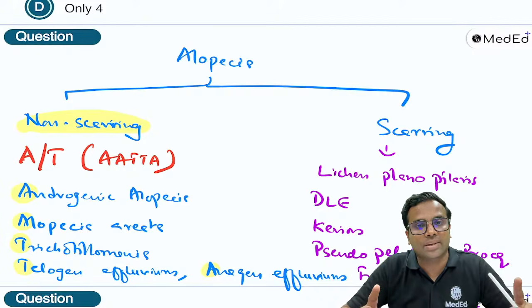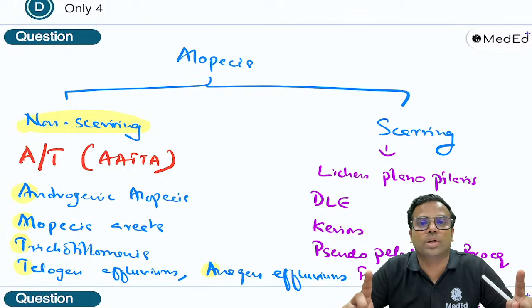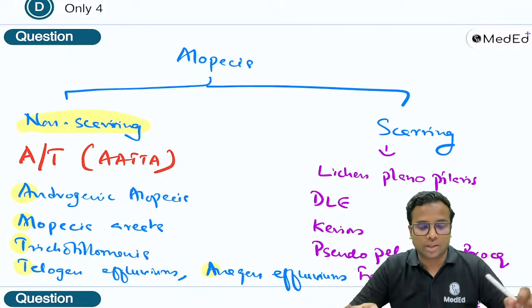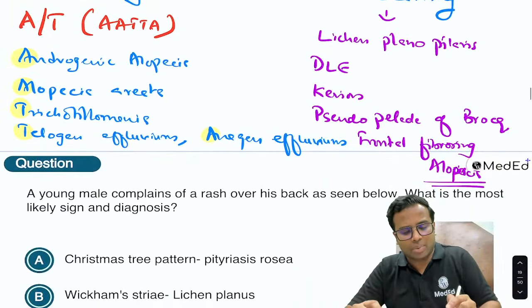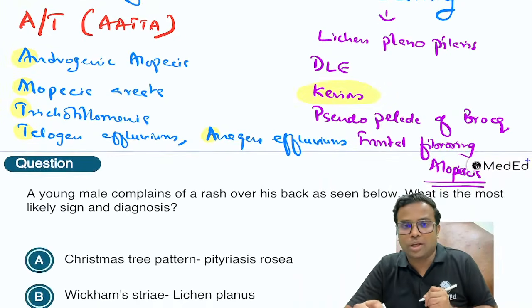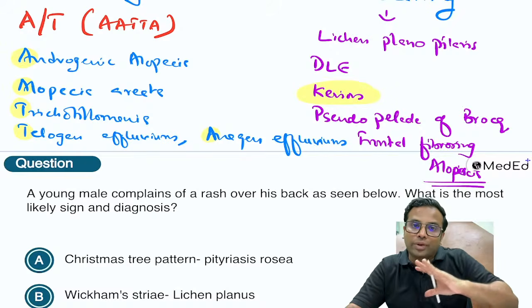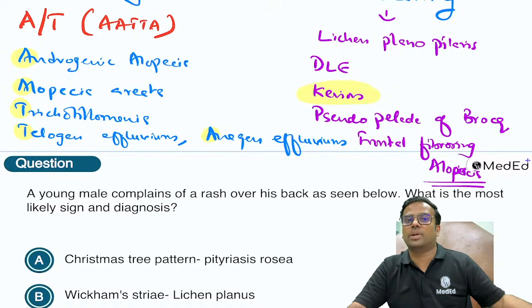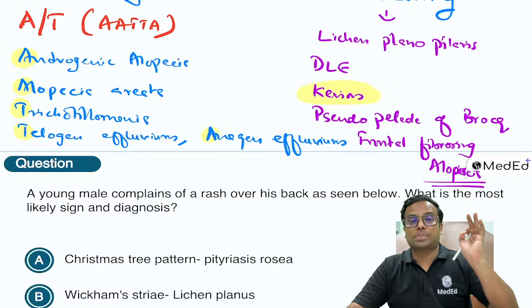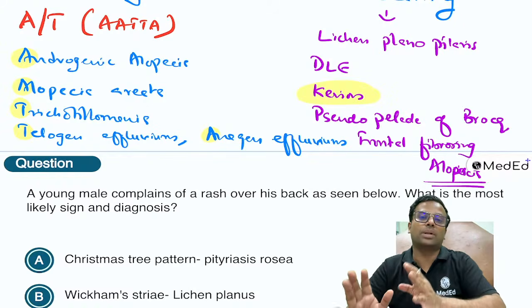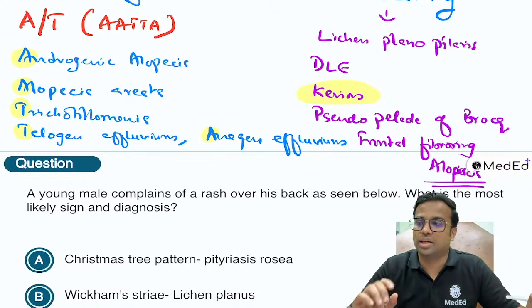A typical scarring alopecia is seen only in kerion. That is why I did not write tinea capitis. Please remember, every tinea capitis will not end up in scarring alopecia. The specific type which will is kerion. Clear?